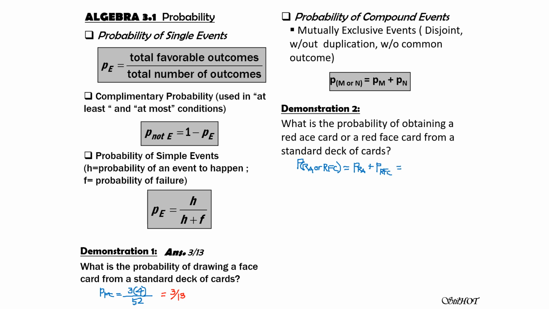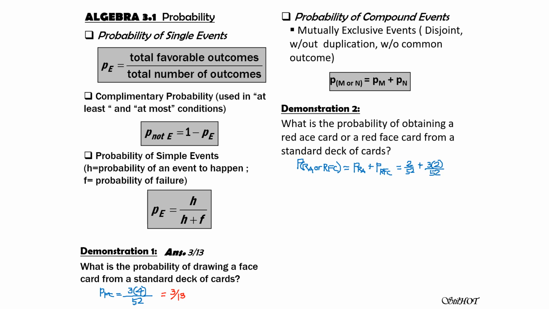There are two red ace cards, ace of diamonds and ace of hearts, so that is 2 over 52, plus there are three face cards, and in each face card there are two red cards, for example queen of hearts and diamonds, so 3 times 2, then divided by 52.